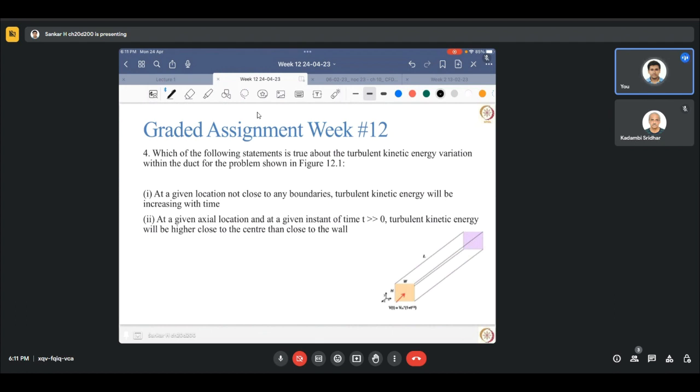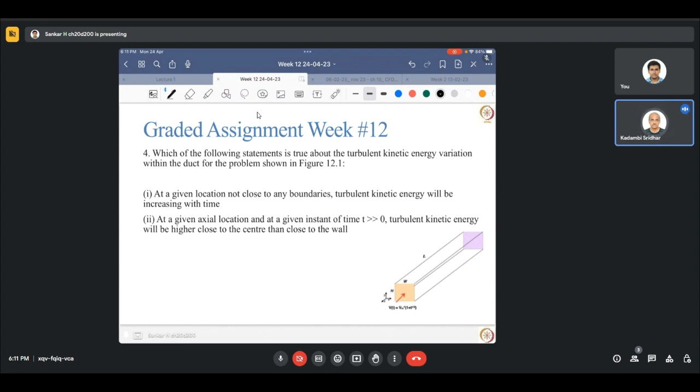So the turbulent kinetic energy, k, will be smaller close to the center than close to the wall. That is what I think the answer is.